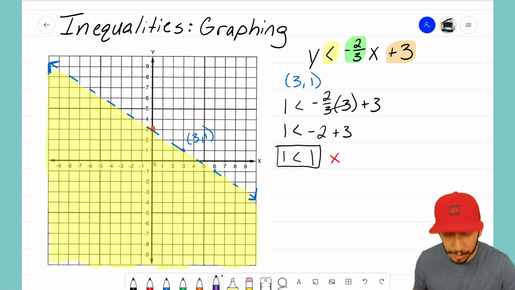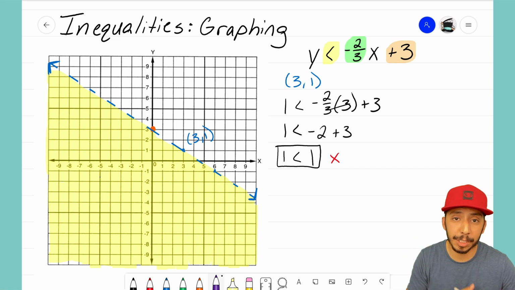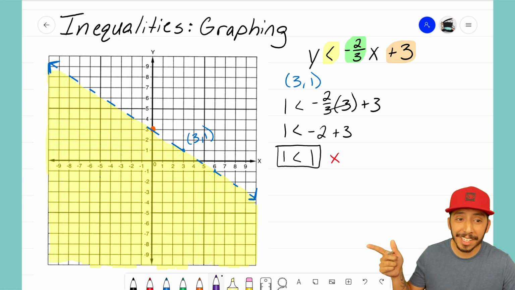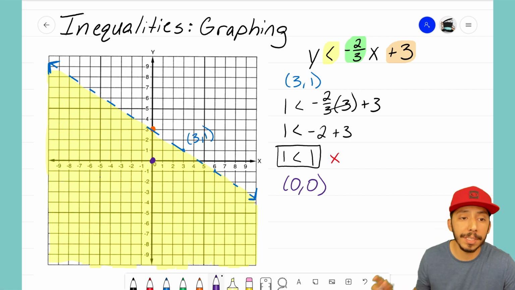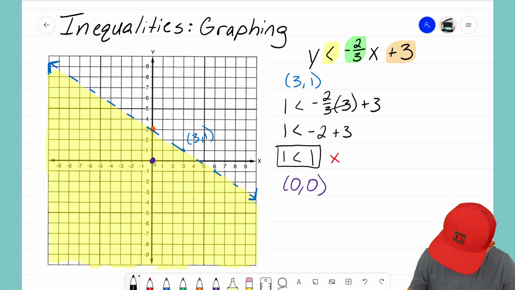The very last thing we have to do is test a point in our shaded region to double check that we shaded correctly. You want to pick the easiest point that you can. The easiest point underneath that line looks to me to be 0, 0. So I'm going to plug 0, 0 into this inequality, and hopefully I end up with a true statement. The y changes to 0, less than negative 2/3 times my x, which is 0, plus 3.